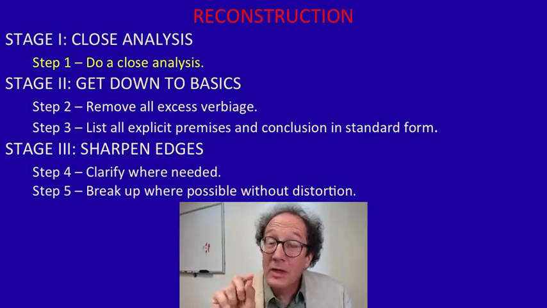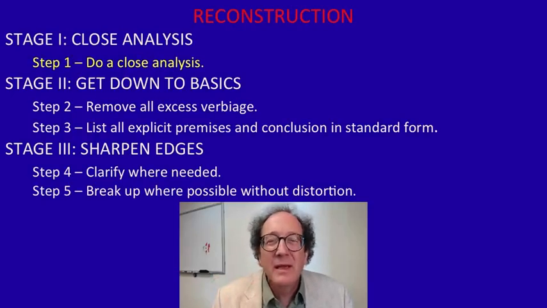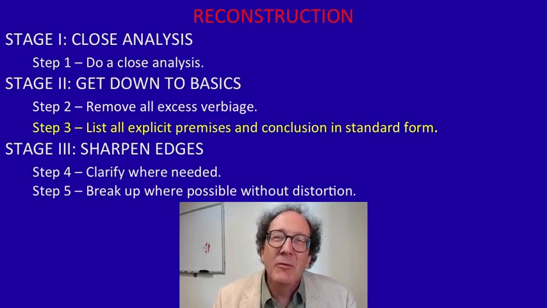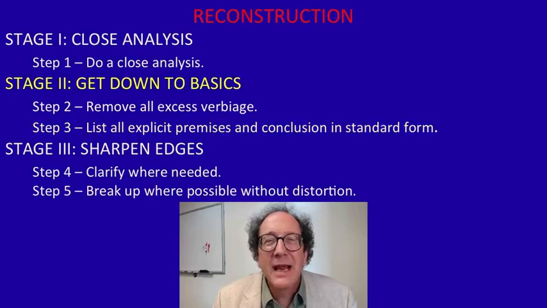And that's why the close analysis helps, because we indicated which ones were reason markers and which ones were conclusion markers, and that lets you identify that these are the premises and that's the conclusion. And so now we can do step 3. We can put the argument in standard form. We put the premises above the line, and we put a dot pyramid and then the conclusion below the line, and we've got the argument in standard form, which completes stage 2 of the reconstruction project.